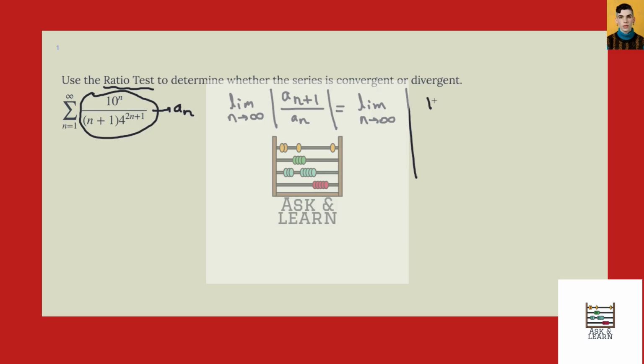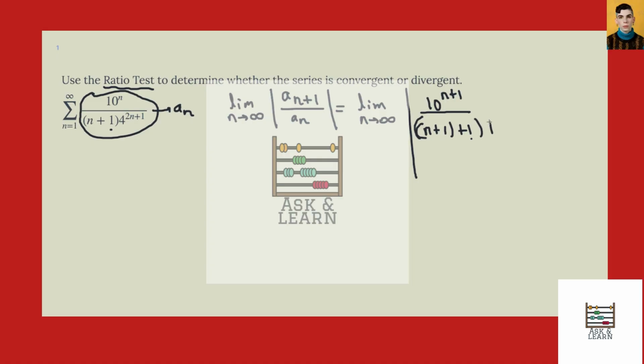So we'll have our numerator as 10 to the n plus 1, and then we'll have n plus 1 here instead of n, and then we still add 1 to that because of this 1 over here.